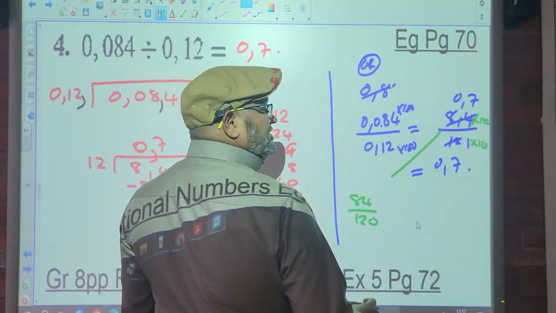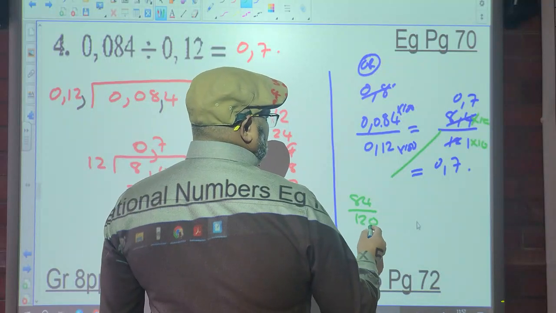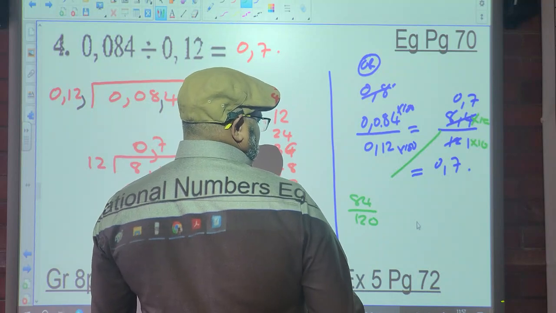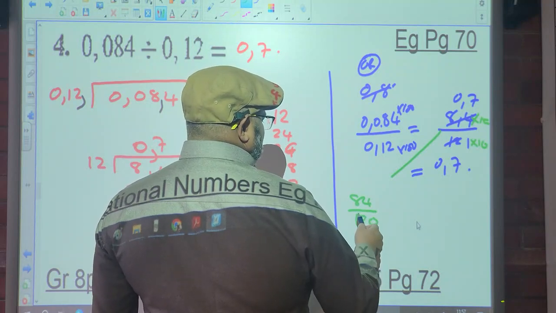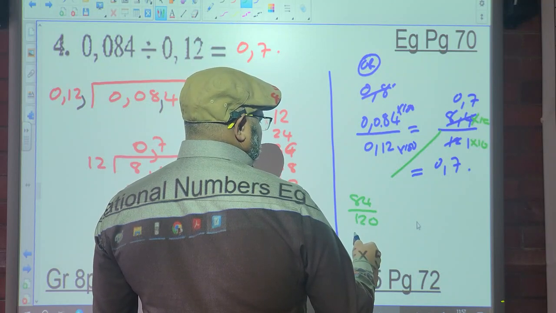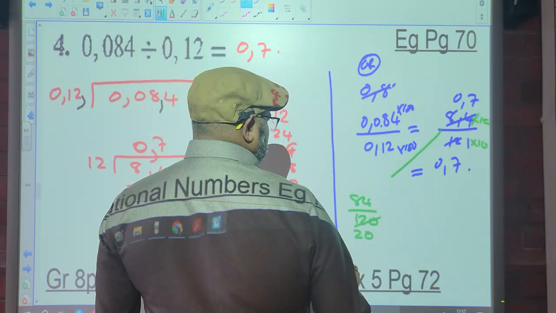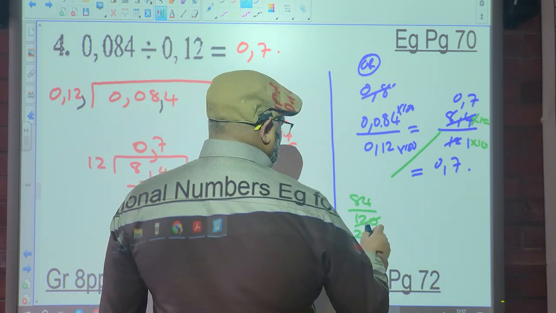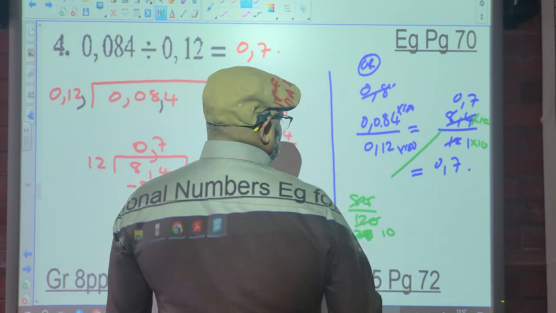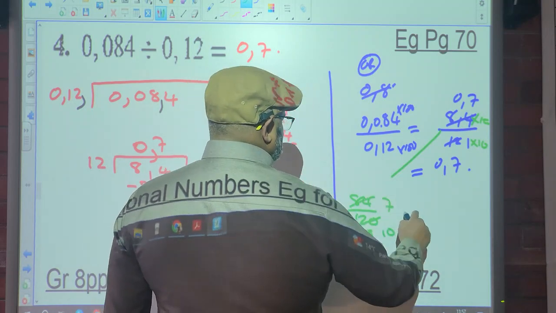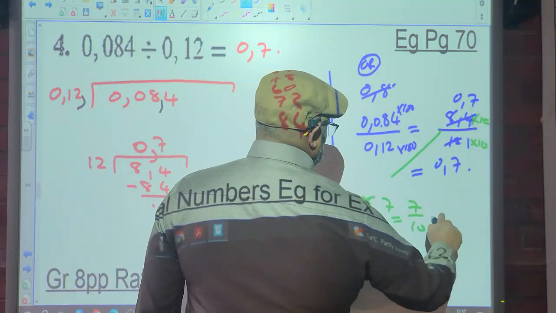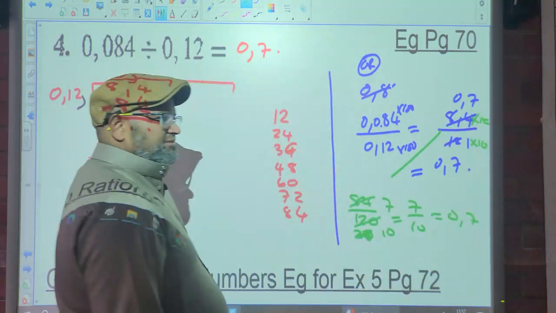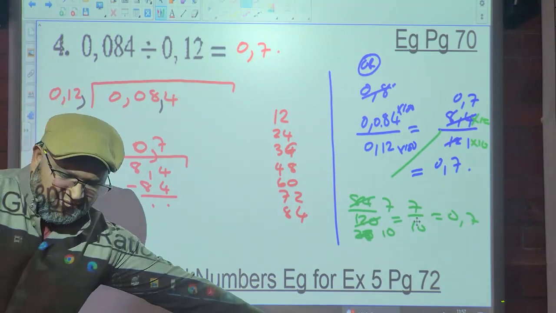Then you simplify from there. Okay, so what number goes into both? I think 12. 12 goes into 120 10 times. 12 goes into 84 7 times. So it's going to be 7 over 10, which is 0,7. Okay. This is another way of looking at the same thing.